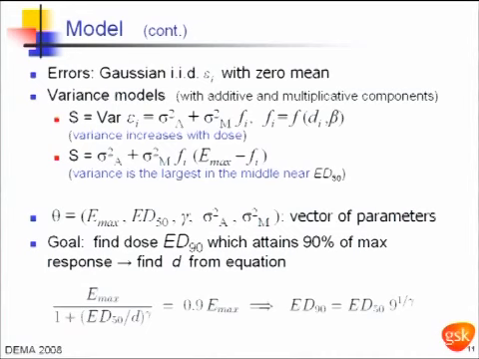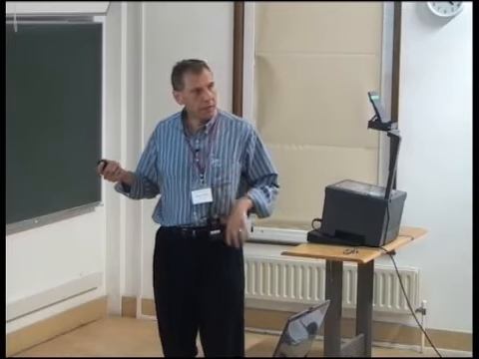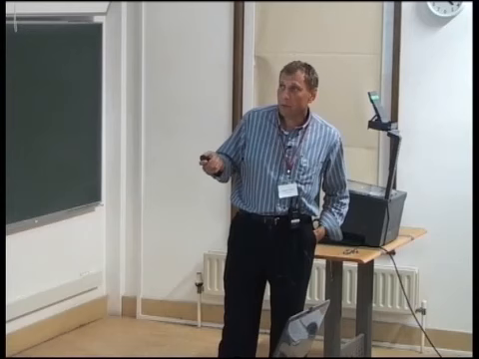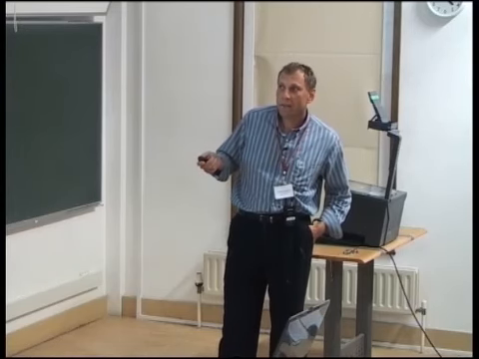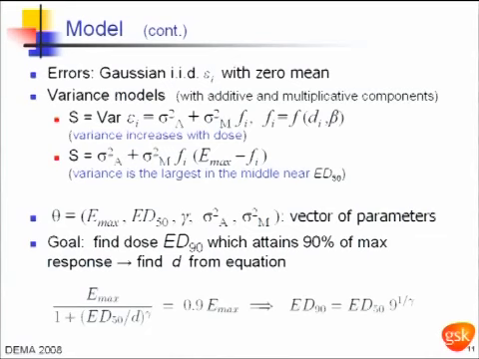For the variance models, we introduce 2 different models with additive and multiplicative components. The first model is when variance increases with dose, and very often with logistic models, that type of variance model is used. But here, probably our main target is that particular model, where the variance is the largest in the middle, near ED50. So formally, for this model, we have 5 parameters, 3 in the response and 2 in the variance.